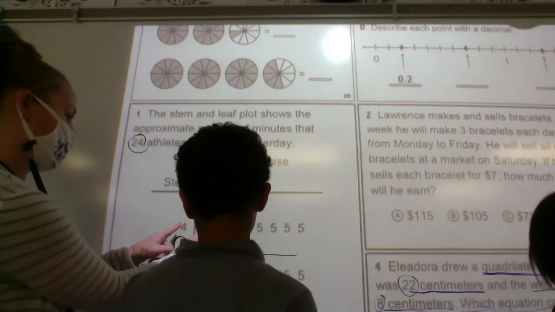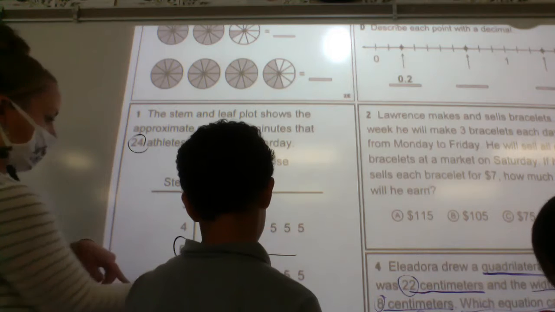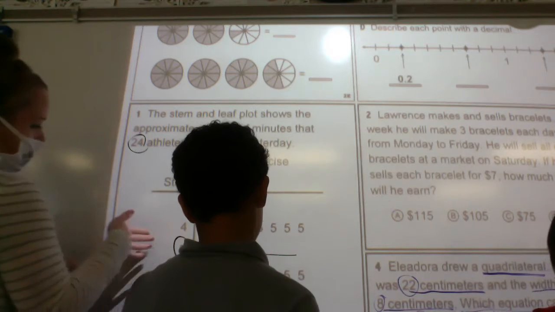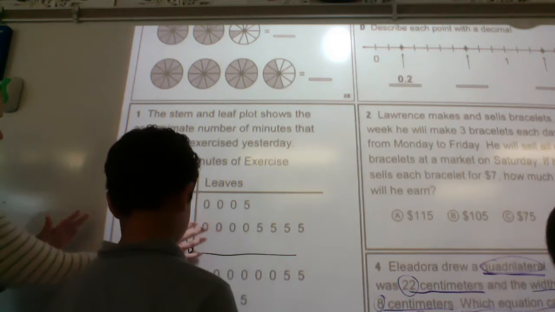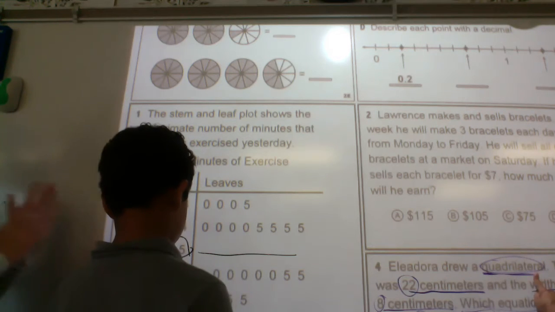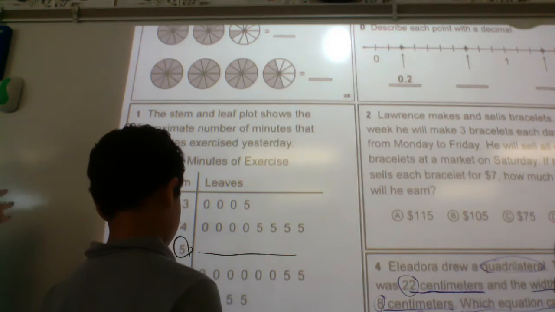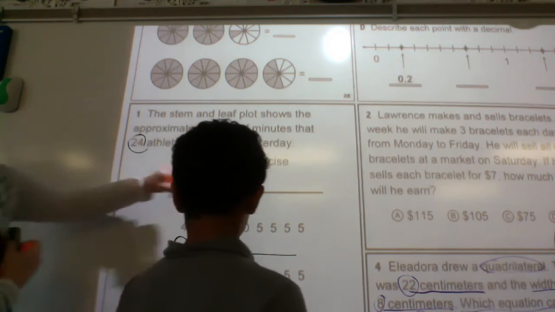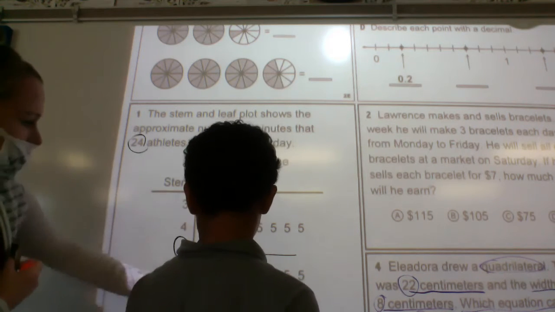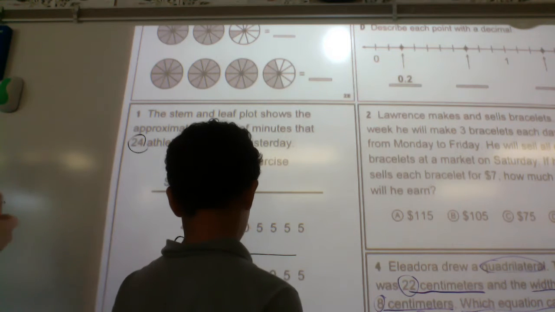So this would be 40 minutes, 40 minutes. That's 45 minutes, 45 minutes, 45 minutes, 45 minutes. There's just nothing here. So what number is shown on here that is between 40 and 60? Yeah, and we said it doesn't include 40, so it doesn't include any of those, and it doesn't include any of those. So what do you have left?